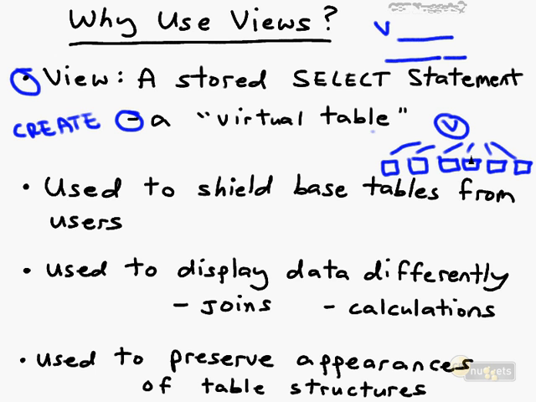So views present an abstraction layer between our users and our base tables. Typically, best practice in database administration is we want our end users, whether they be business analysts or data entry operators or whatever, to be as far away from our base tables as possible, especially when it comes to simply presenting data.